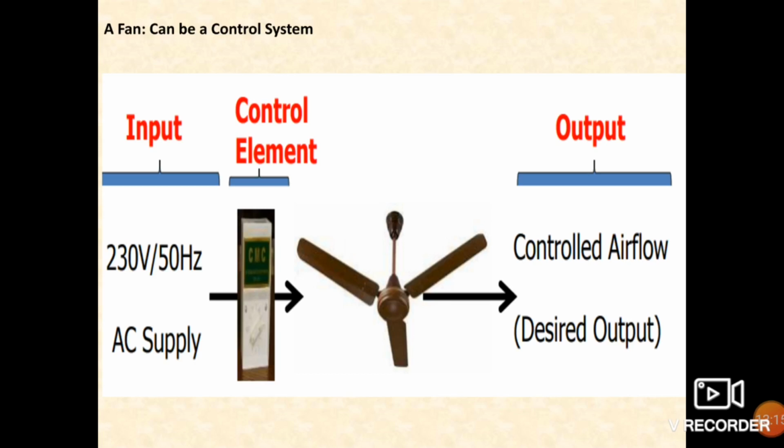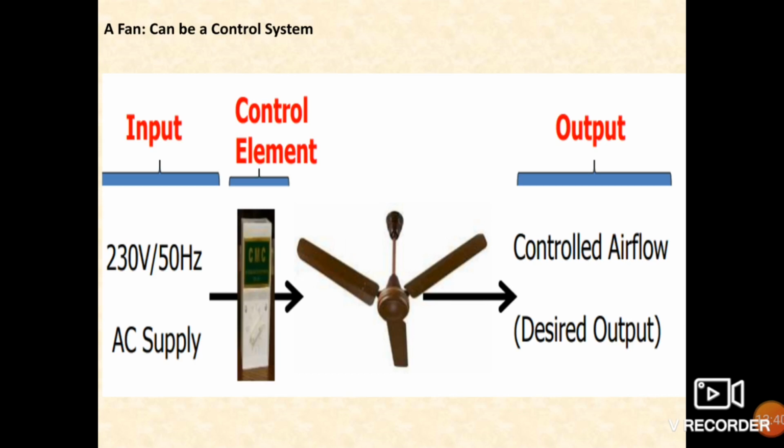If you want airflow at a high speed, you can increase the speed of the rotating blades in the fan using the regulator. If you want a low speed airflow, then you can decrease the speed of the rotating blades in the fan using the regulator.